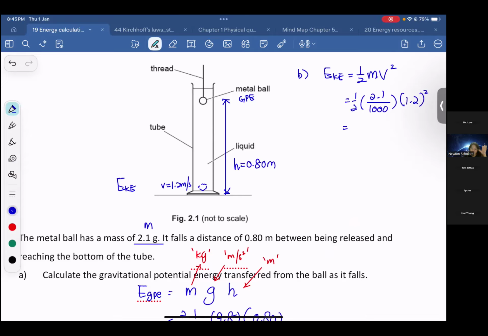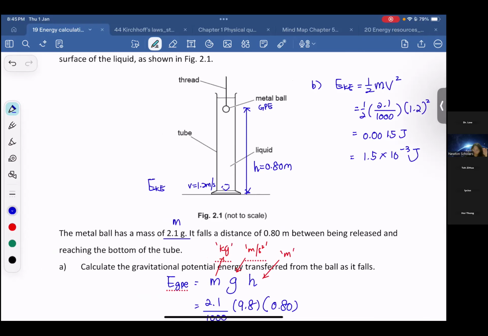If you do it correctly, you will get 0.0015 joule, or we say 1.5 times 10 to the power of negative 3 joule. Let me check Zihua's answer. Yes, correct.